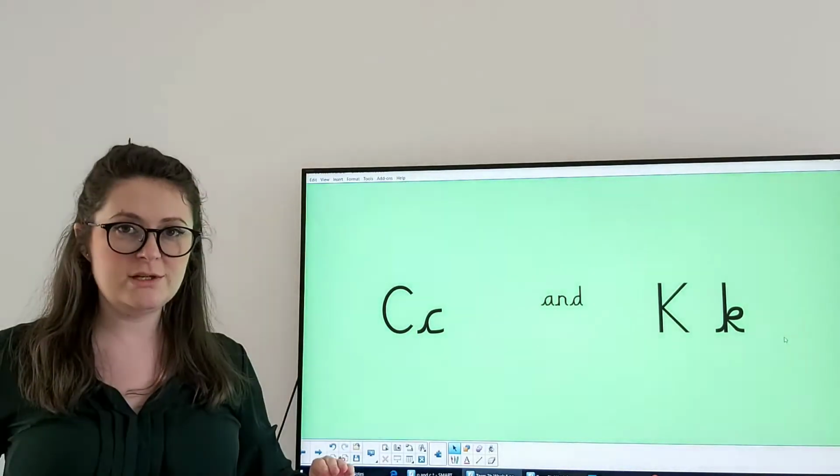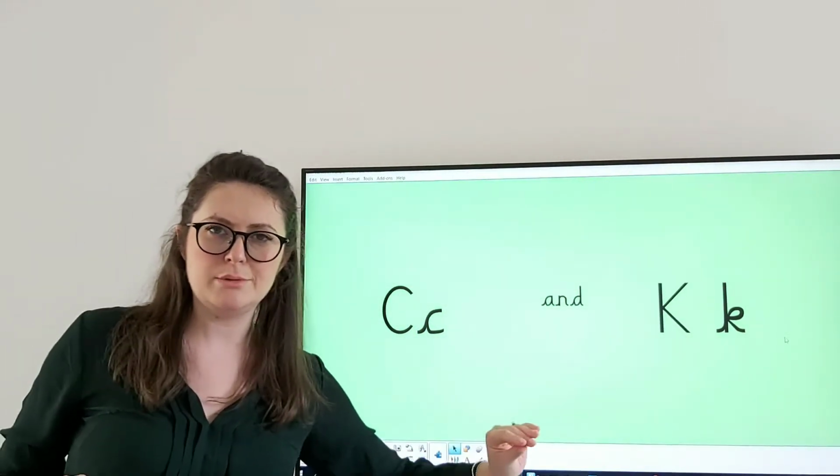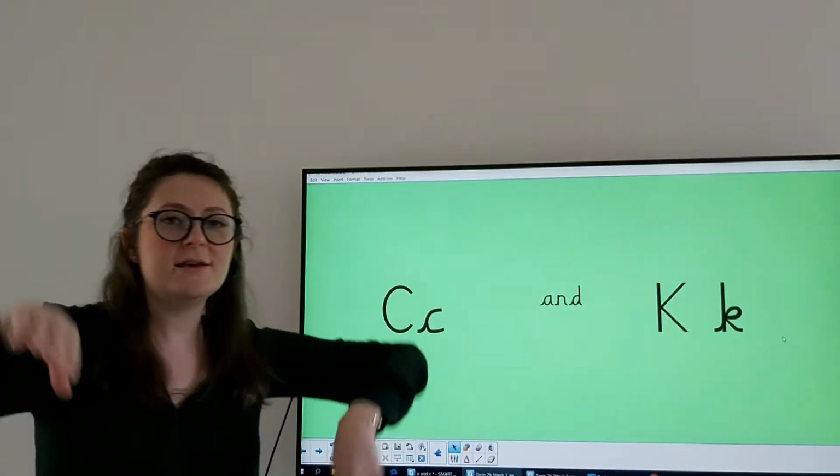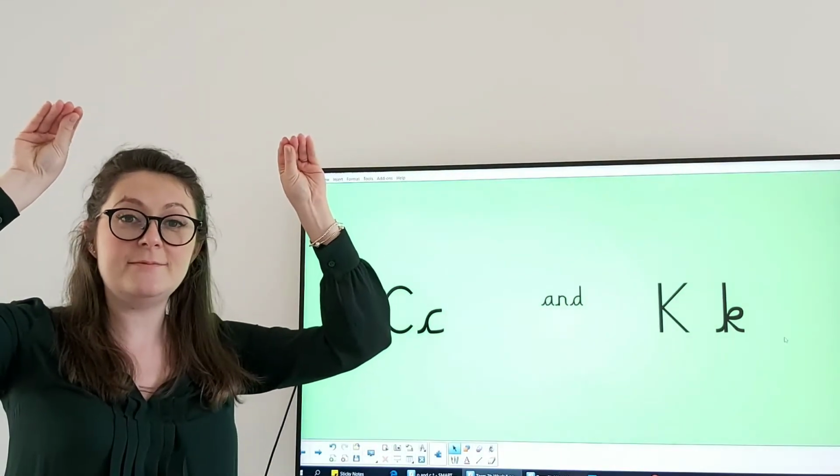So this K we do low like a crab scurrying along, and this K we do high like a kite.